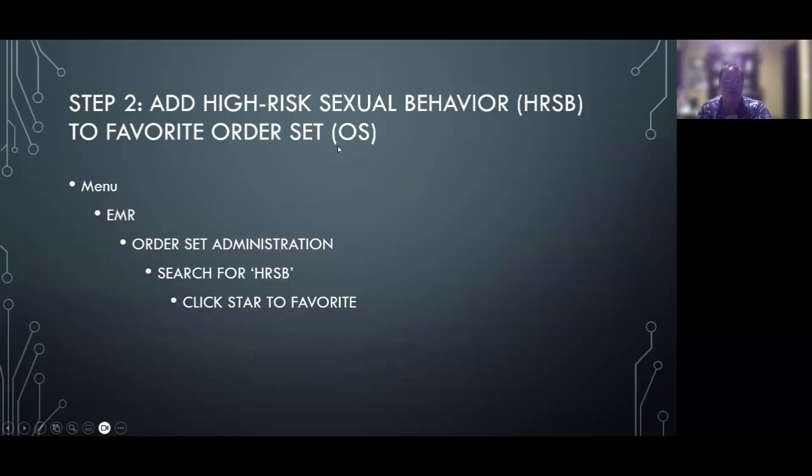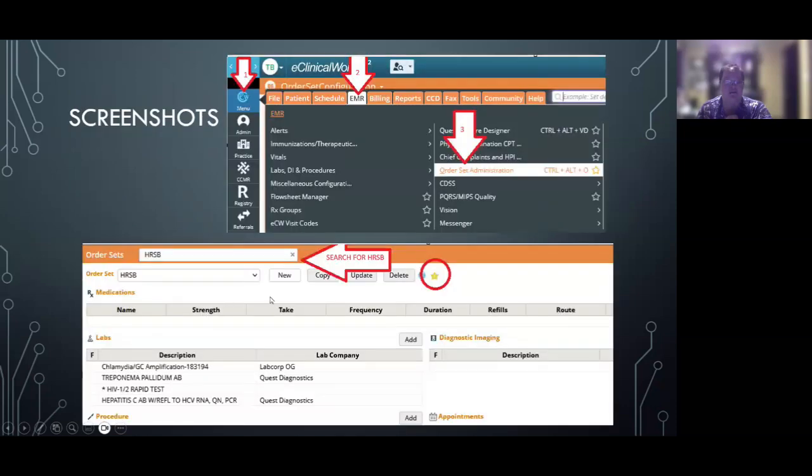And then to add the order set, you go to menu, EHR, order set administration, search for HRSD, and then click the star. So again, you go to menu, EMR, order set administration, search for high risk sexual behavior, and then click the star.